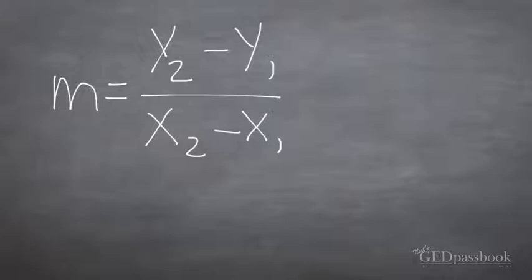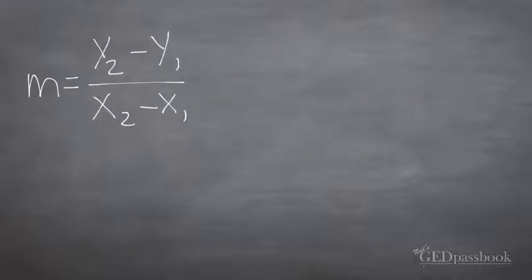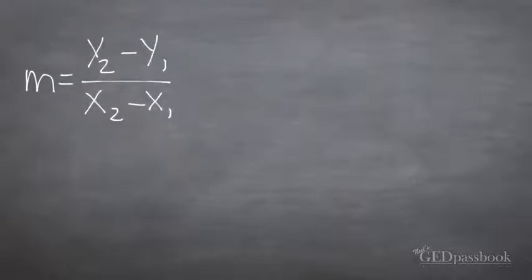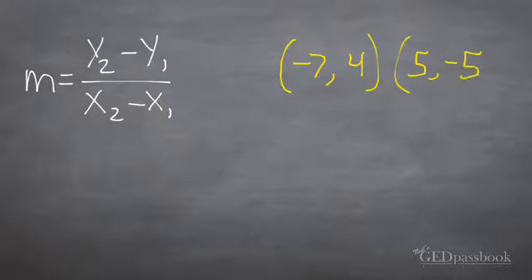So, what does this mean? Did somebody write down those 2 ordered pairs for me? If so, what is it? Negative 7, 4, and then I believe it was 5 and negative 5? All right, good. So those are my ordered pairs. How are ordered pairs written?